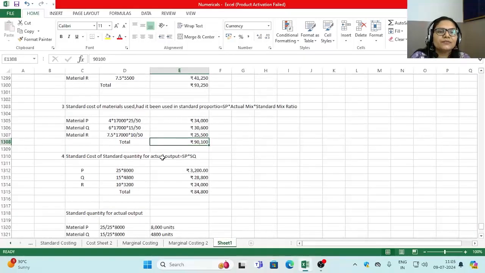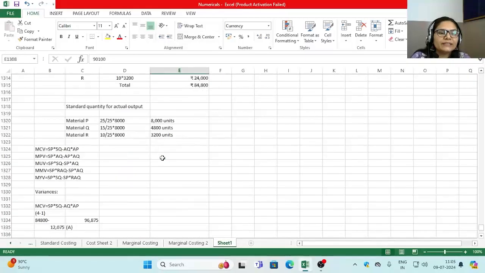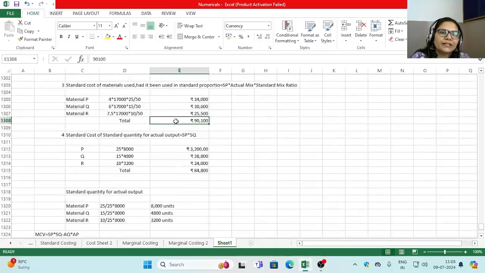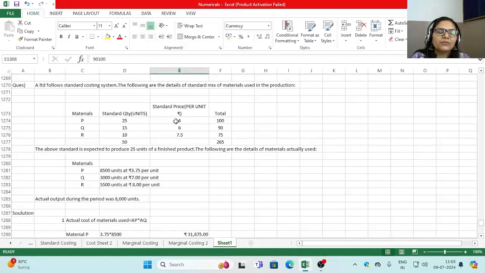Next, what is left out is SP into SQ. First of all, we need to calculate the standard quantity, because we are expected to produce 25 units of a finished product out of material P 25, in which Q is 15 and R is 10. So we need a ratio.